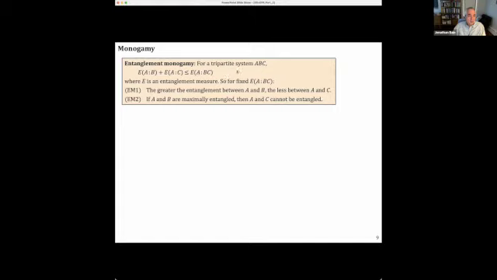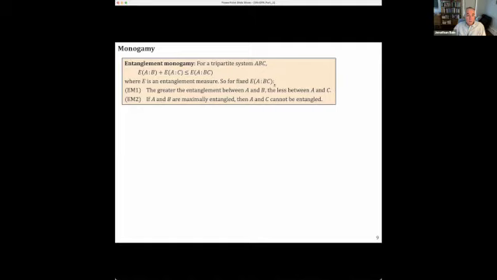So here's one way of stating what we might call entanglement monogamy. For a tripartite system A, B, C, the amount of entanglement between A and B plus the amount between A and C must be less than or equal to the amount between A and BC, where E is some entanglement measure.